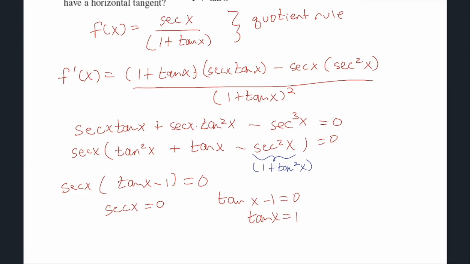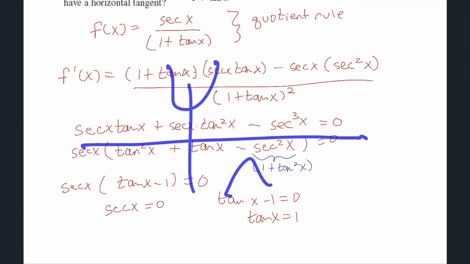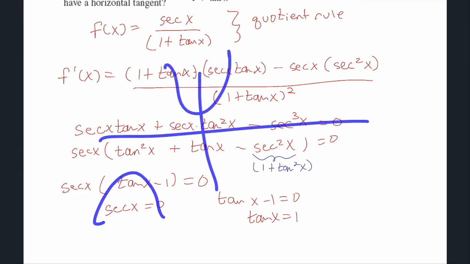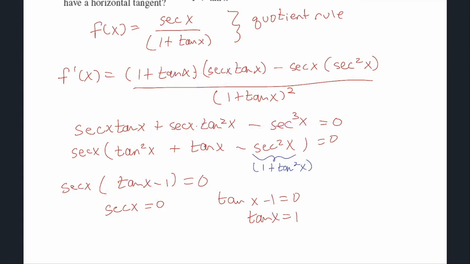Okay. Now, the secant is the reciprocal of the cosine. And if you looked at the graph of a secant, like if you pulled up Desmos and you put secant in, the secant graph looks something like that. Is it ever equal to 0? Does it ever touch 0?